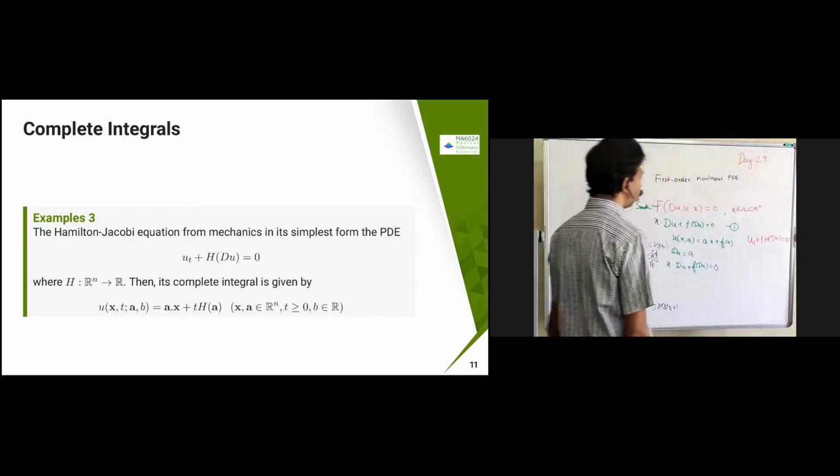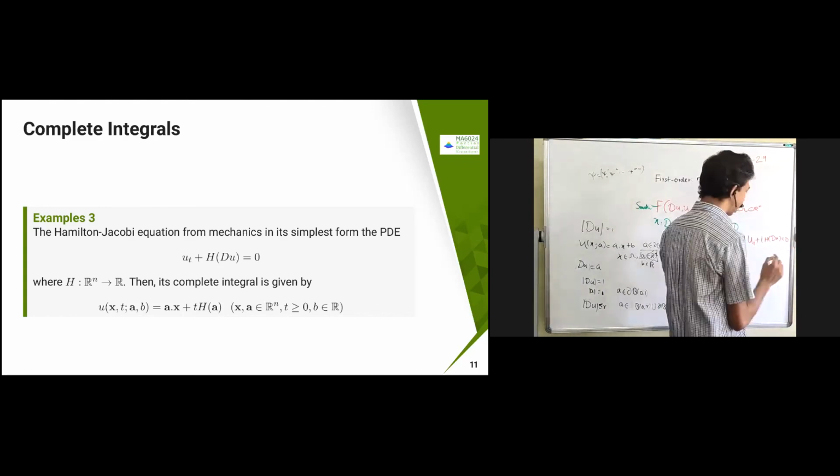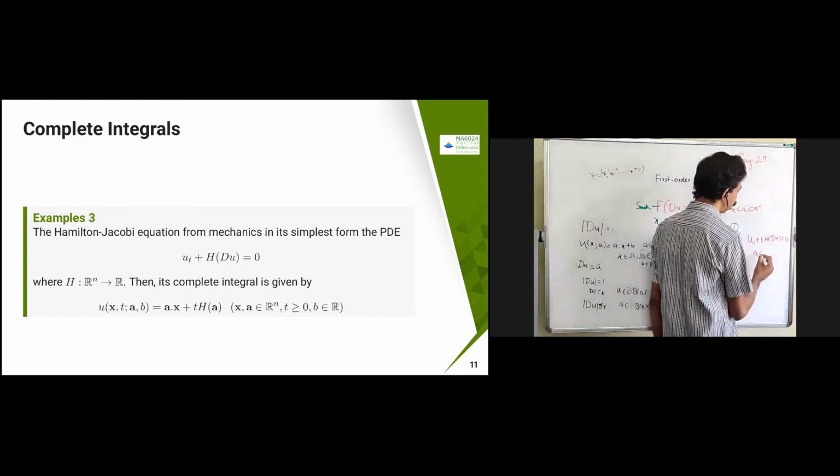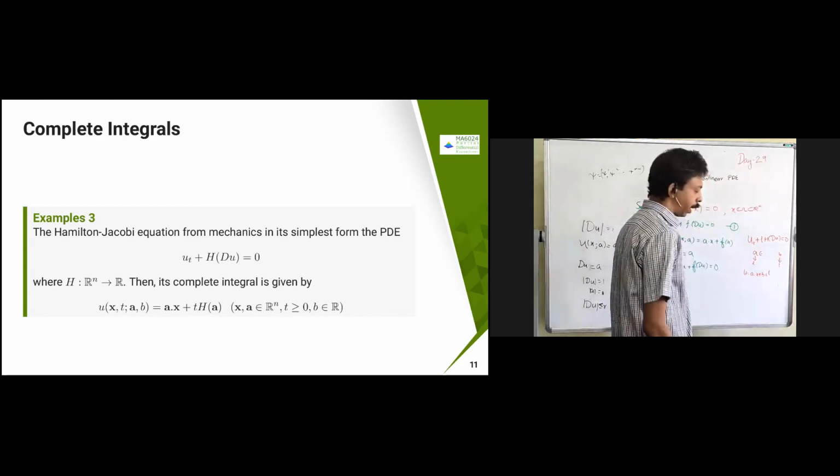Because you have n plus 1 parameters here: x belongs to R power n and t is in R, therefore n plus 1 parameters. Therefore this a corresponds to x and this b corresponds to t. Therefore u is going to become a dot x plus b plus t times H(a).